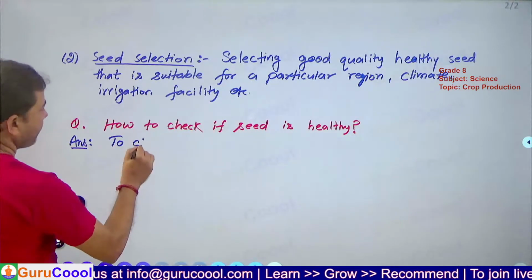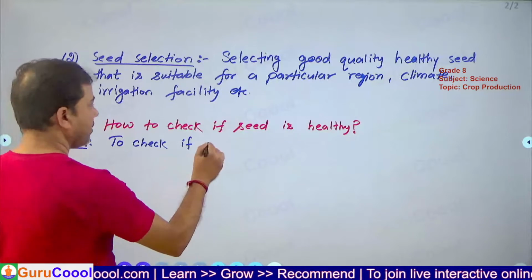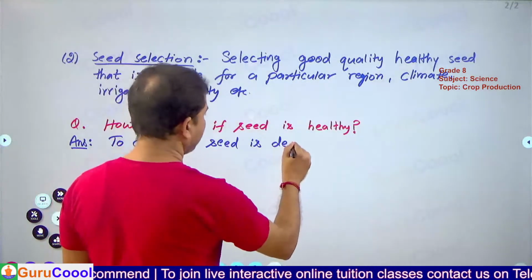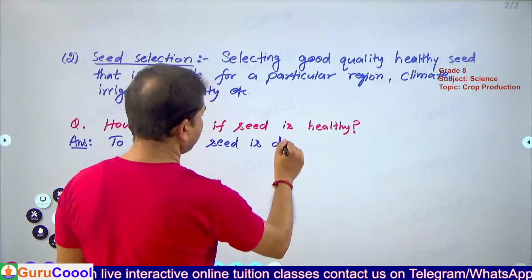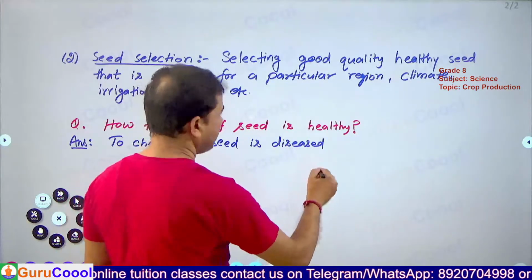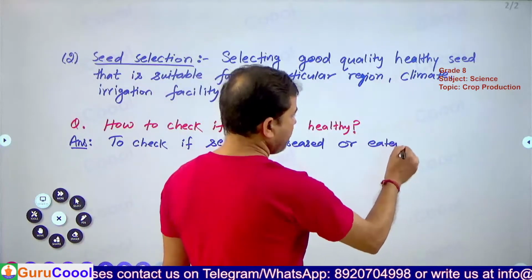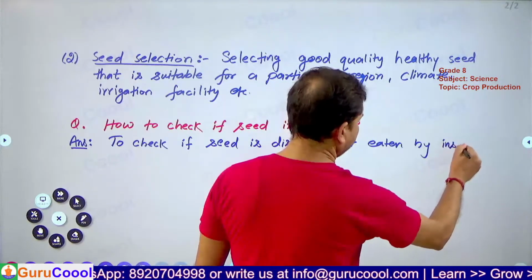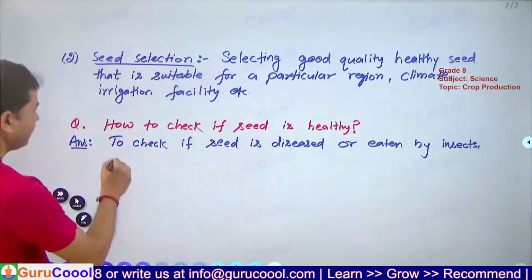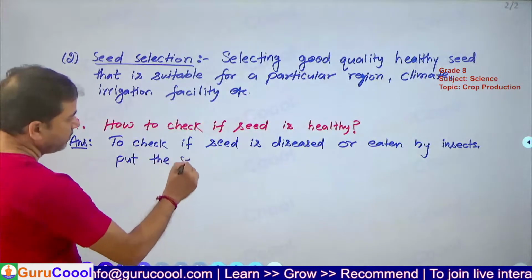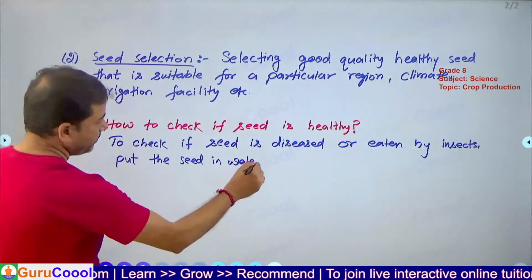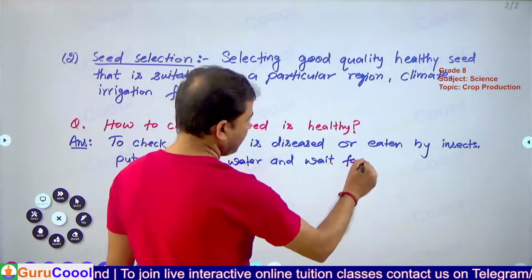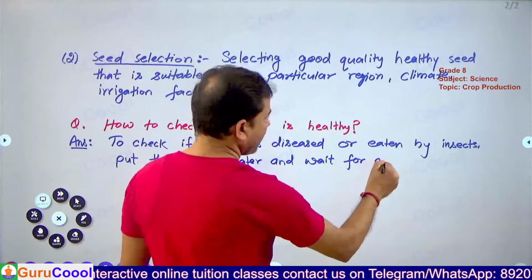To check if seed is diseased or eaten by some insects, put the seeds in water and wait a few minutes.